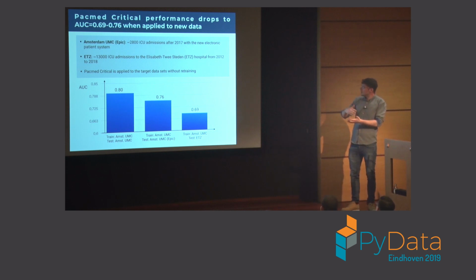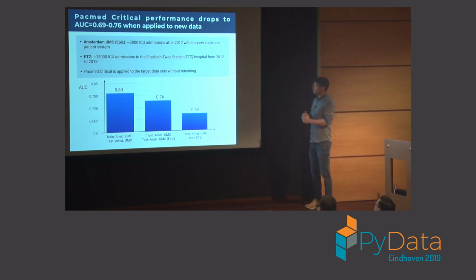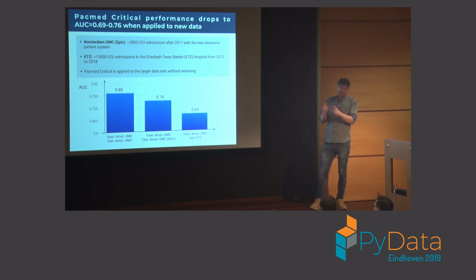In 2017, they started to implement a new electronic patient data system called EPIC. So this first target dataset will include only the admissions, around 3,000, after the new system has been launched.